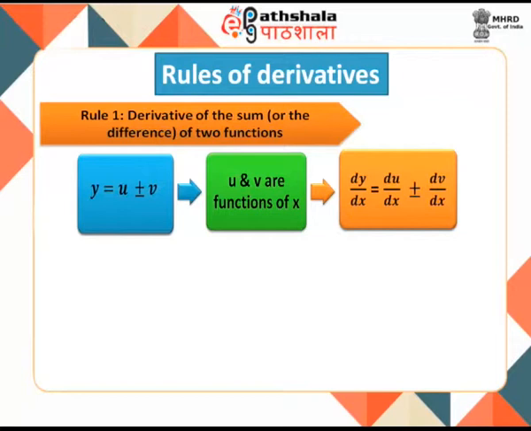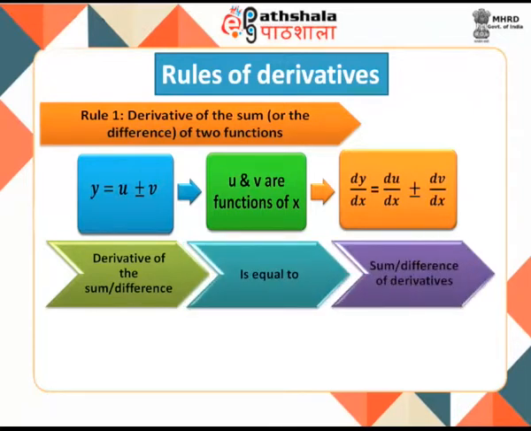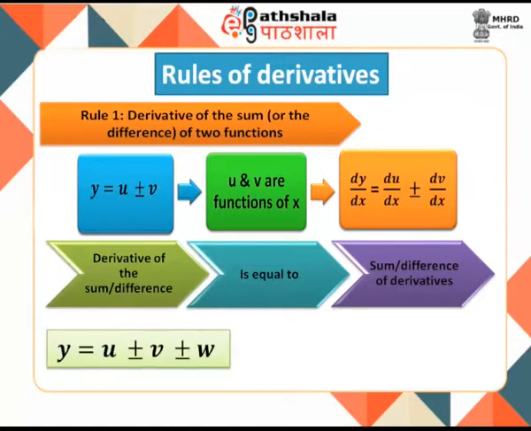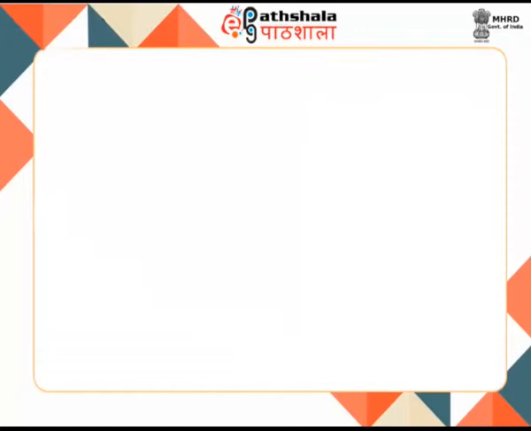This rule says that the derivative of the sum or difference of two functions is equal to the sum or difference of the derivatives. This rule can be generalized: if y equal to u plus minus v plus minus w, then dy by dx equal to du by dx plus minus dv by dx plus minus dw by dx.